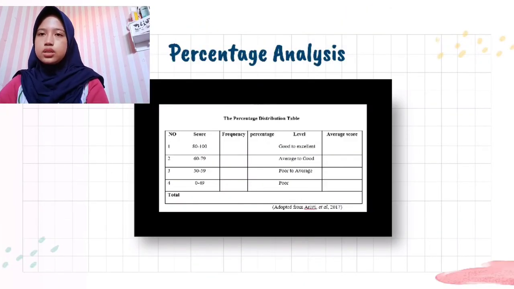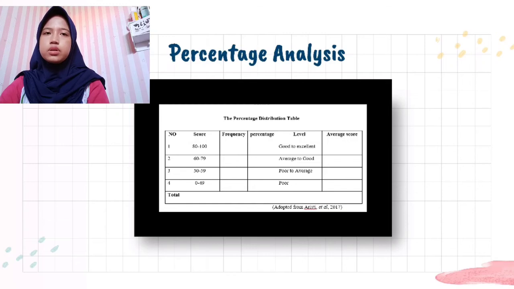In this study, there are several analyses. The first one is percentage analysis. Percentage analysis is used in the study to determine the levels of students' vocabulary mastery and their English speaking ability.